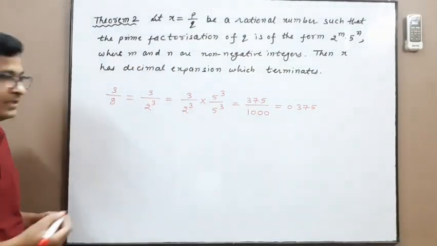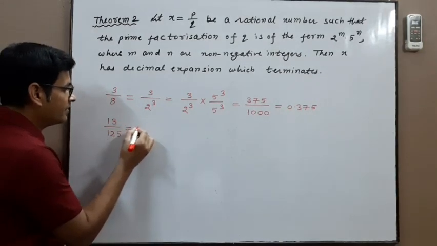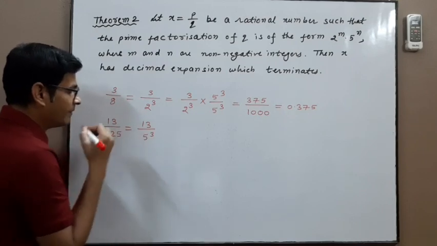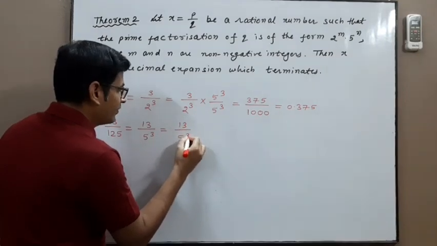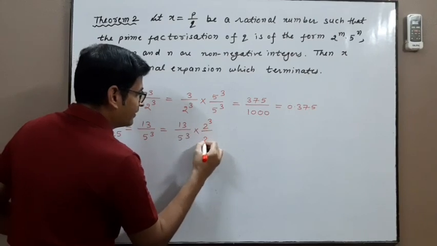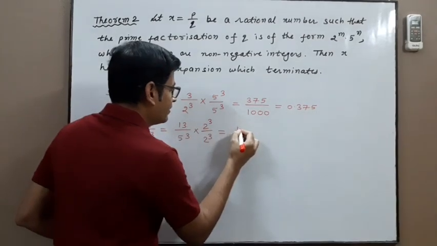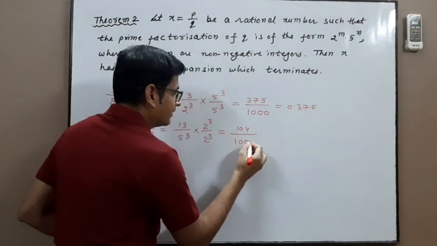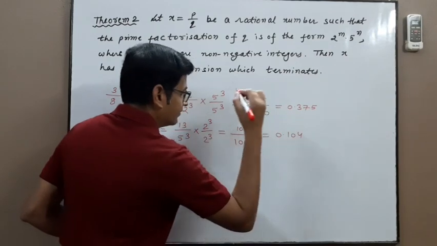Now take another example. 13 upon 125 is equal to 13 upon the factors of 125, 5 raised to the power 3. Multiply numerator and denominator by 2 raised to the power 3, which is 8. 13 8s are 104 upon 1000, which is equal to 0.104.